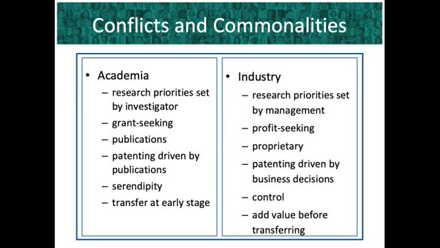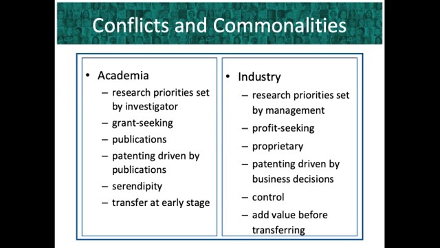And so instead, they're going to rely on academia and simply license new discoveries directly. Academics tend to seek grants, industry seeks profit. Academics are about publishing and open sharing of information, whereas industry likes to keep all of this proprietary.